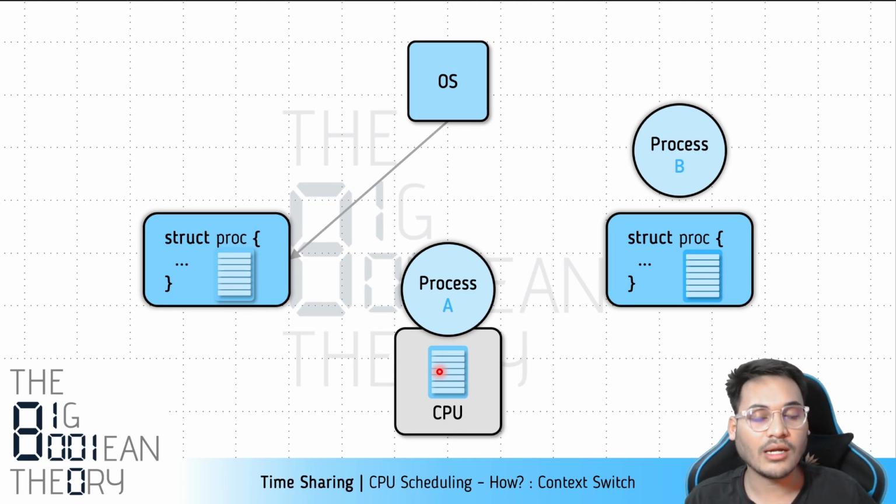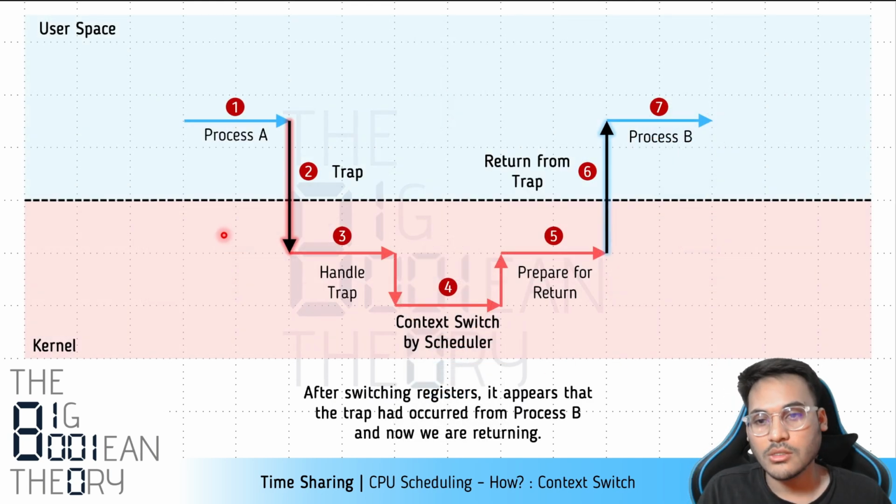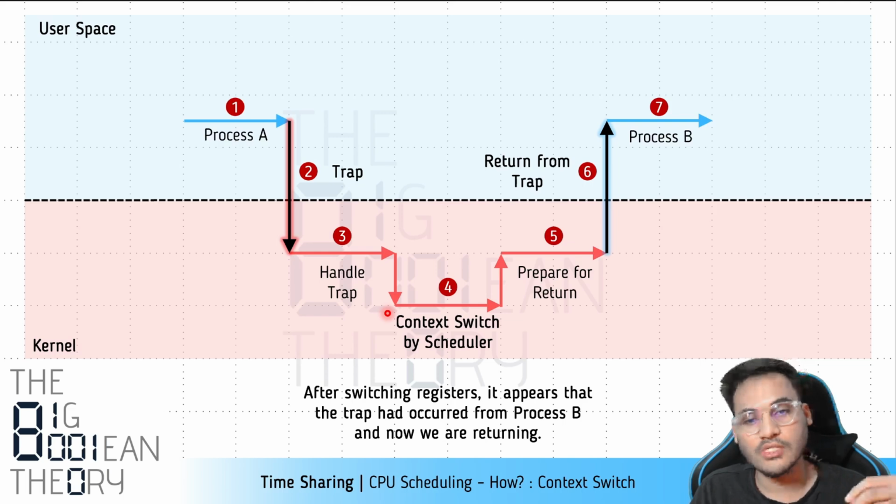The main part, the crucial part in the switch is the saving of registers and loading of new registers. So the switching of registers is what makes the context switch happen, right? So now let's come back to this flow diagram. We have talked about this fourth step in detail right now. That is where the actual switching of processes is happening via this switching of registers.